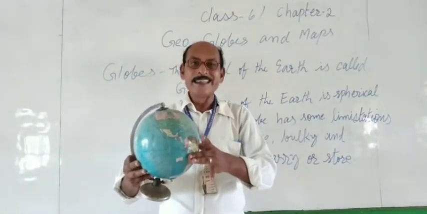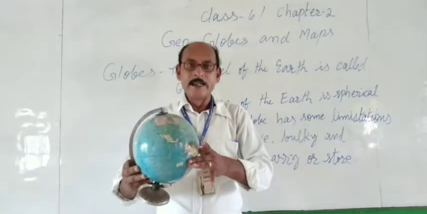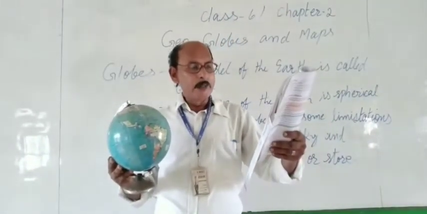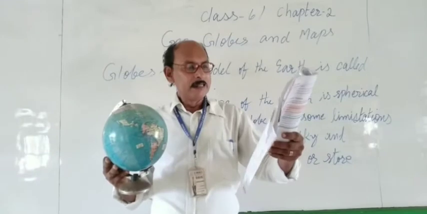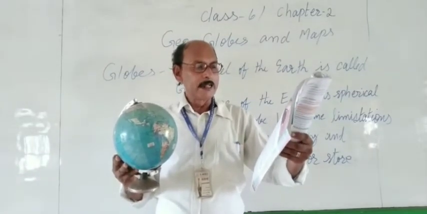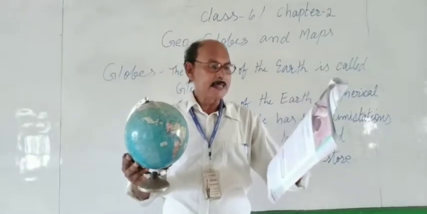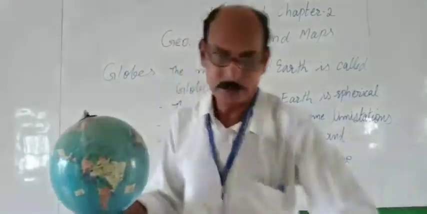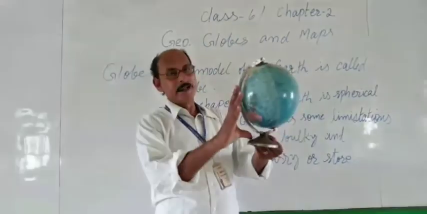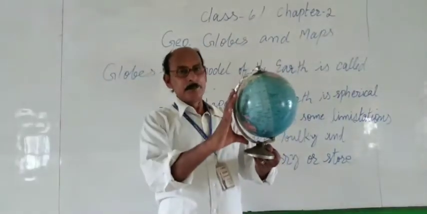It is a model of the Earth which is mounted on a tilted shaft so that it shows the inclination of the Earth's axis and rotations. You can see this Earth has been tilted.